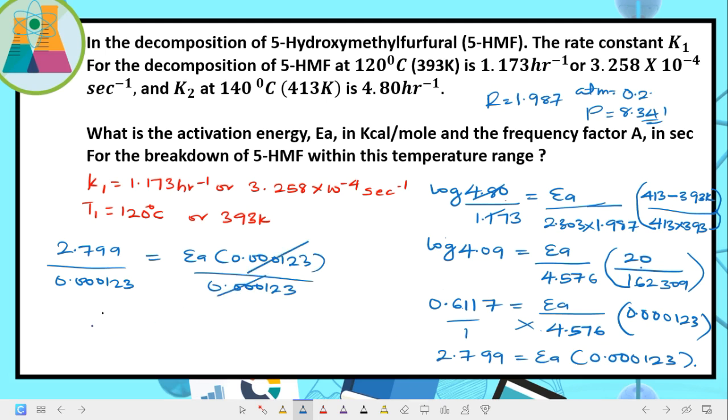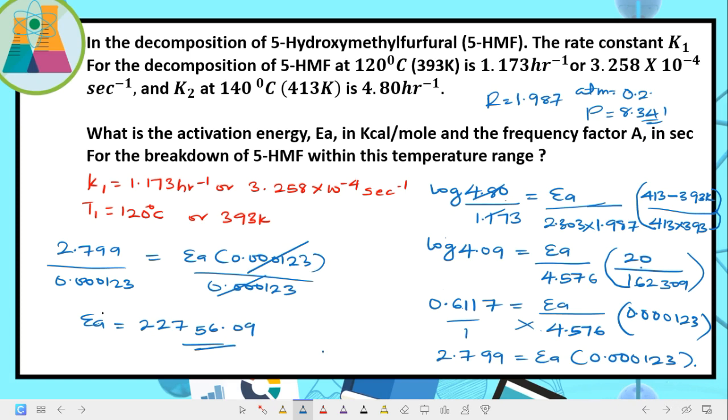When this cancels this, our EA will become 2.799 divided by 0.000123, and then our EA has a value of 22756.09.